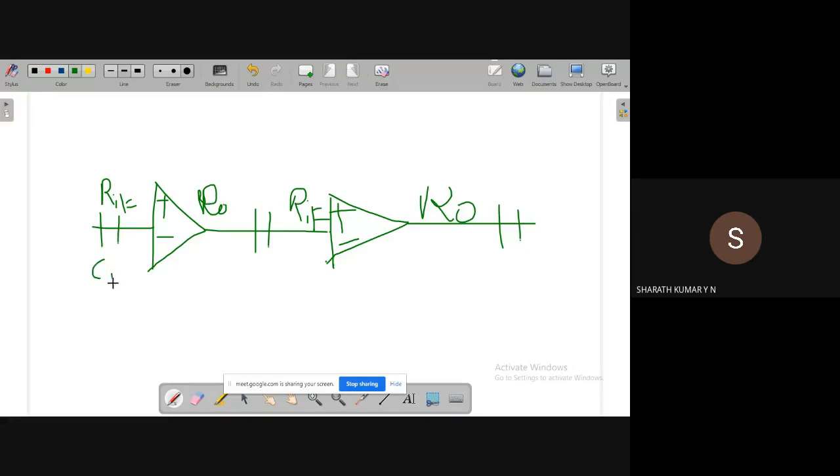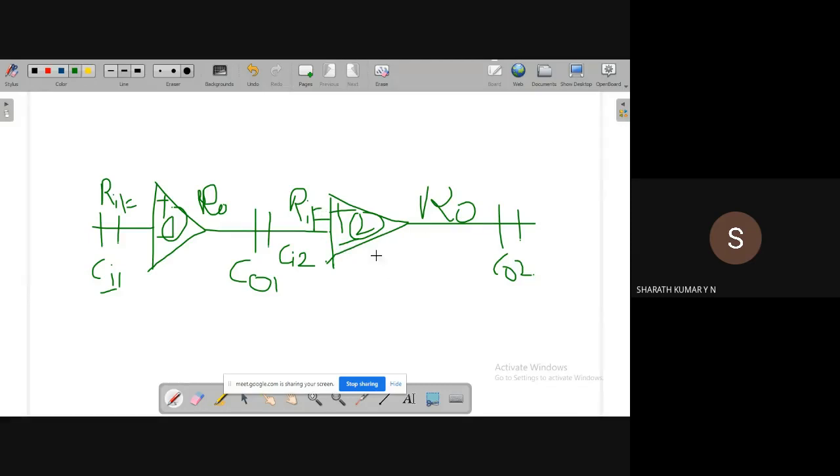For the first and second op amps, CA1 is the input coupling capacitor for the first op amp. This is CO, the output coupling capacitor of the first op amp, but it's also the input capacitor for the second op amp. And what about this one, guys? CO2 is the output capacitor of this second op amp.